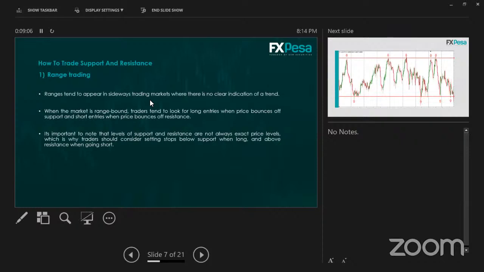It's important to note that the levels of support and resistance are not always exact price levels, which is why traders should consider setting stop loss below support when long and above resistance when going short.